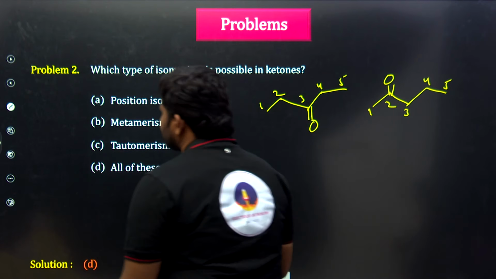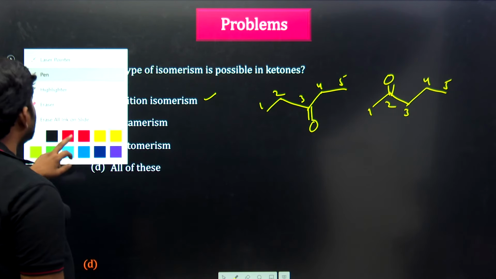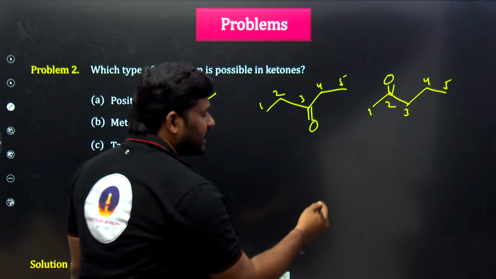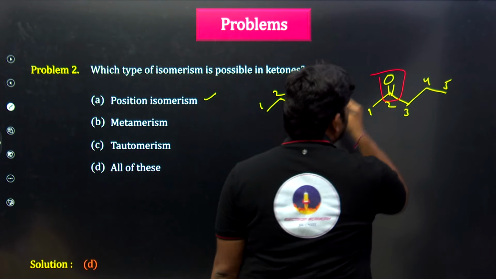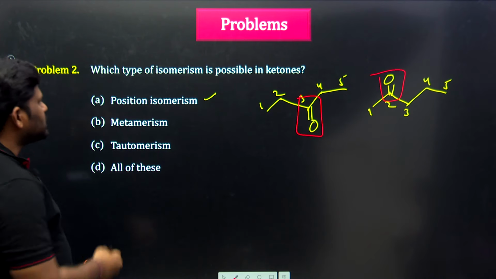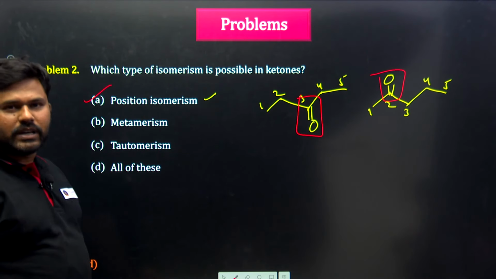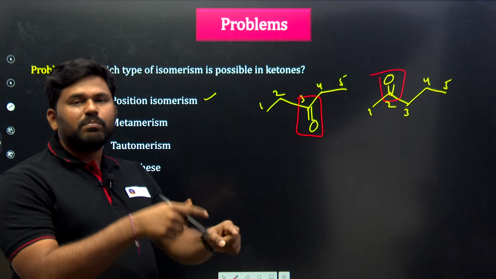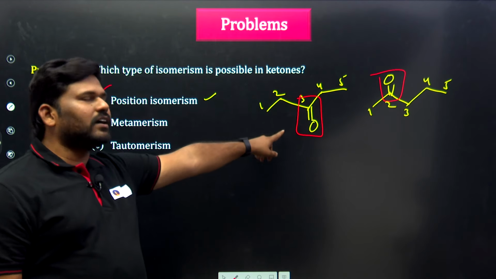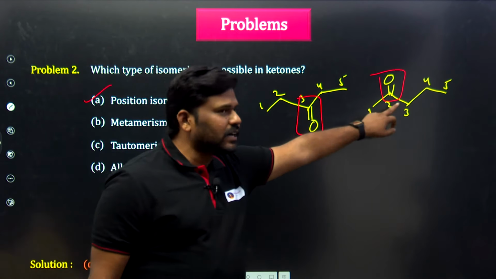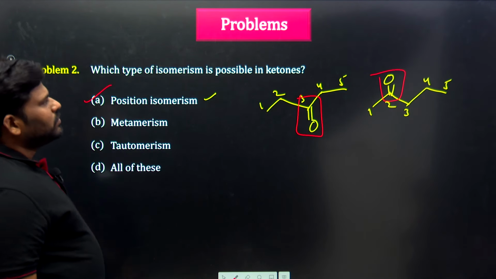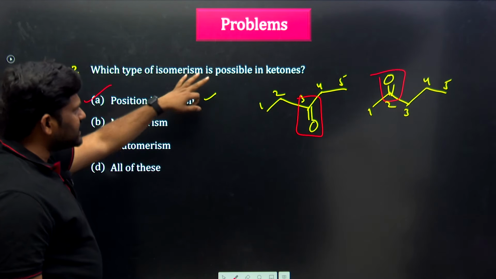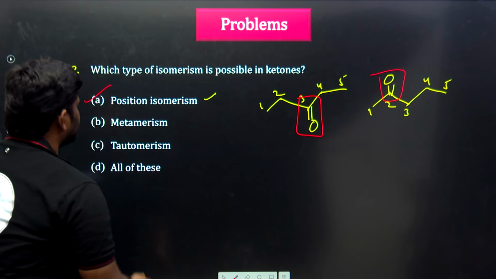What is position isomerism? Same molecular formula but different position of the functional group. Here third position, here second position, so this is called positional isomerism. So the possible isomerism in ketones is position isomerism.